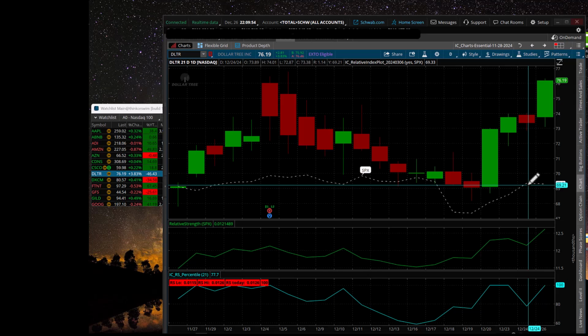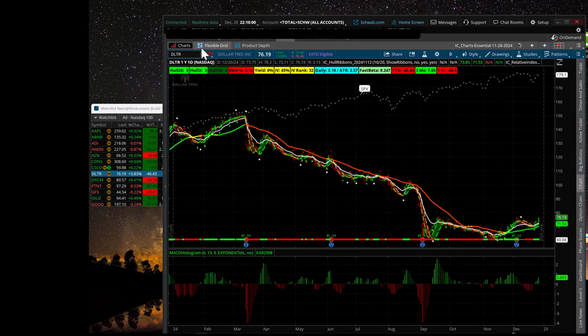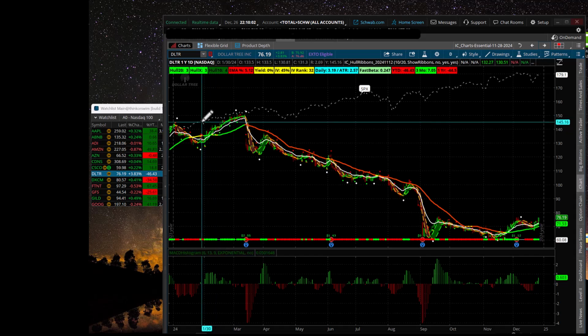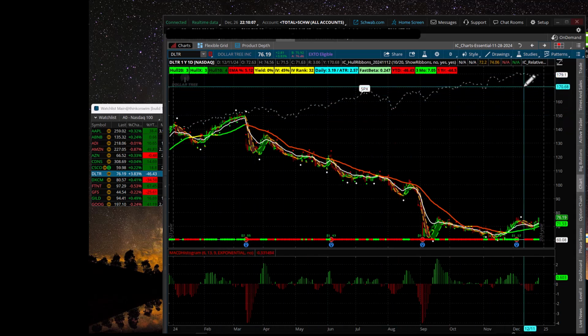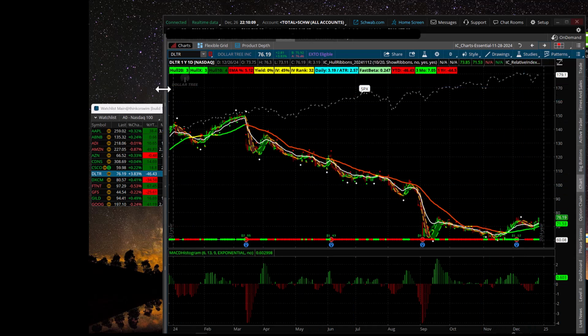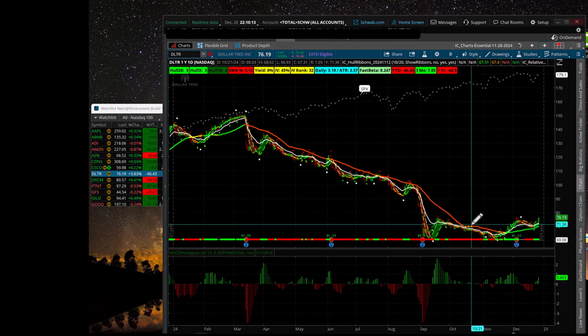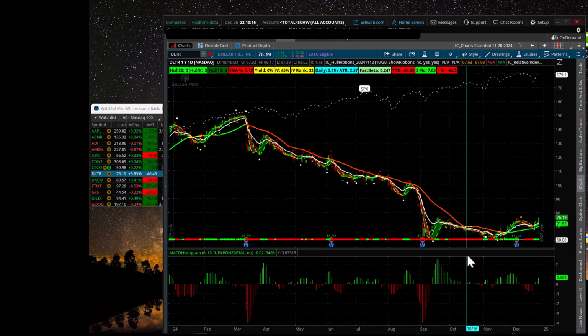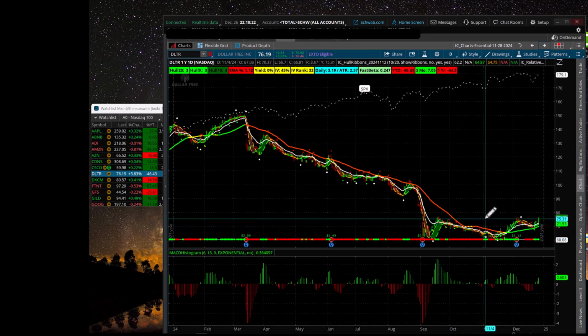But if you were to jump to the next chart and look at a yearly chart of Dollar Tree, you can clearly see that the S&P 500 has radically outperformed Dollar Tree. The reality is we're only looking at the last 3 months of the chart when we go to make our decisions.